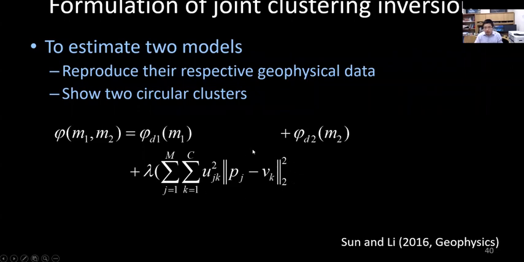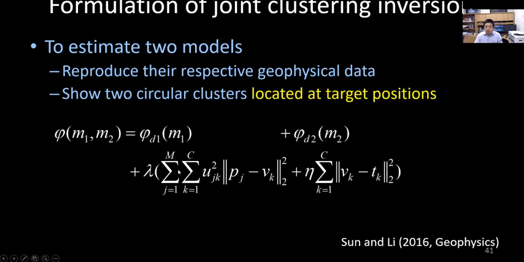You saw this term earlier in the formulation of the single data type cluster inversion, and you see it here again. Also, we want the inverted cluster to be located at the target positions.